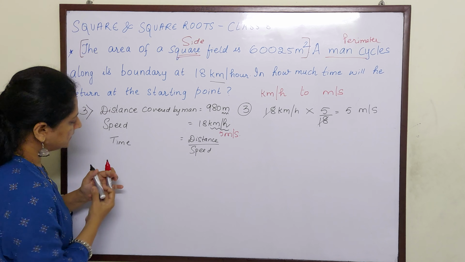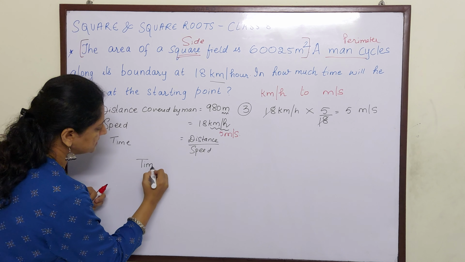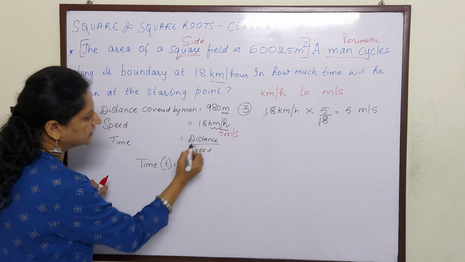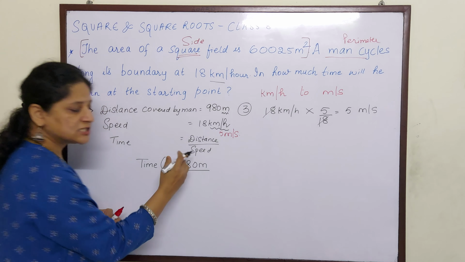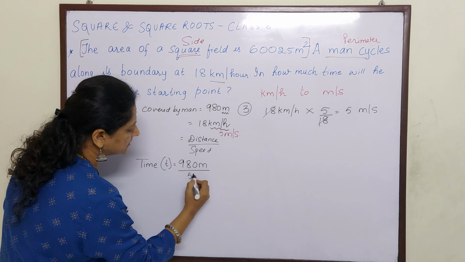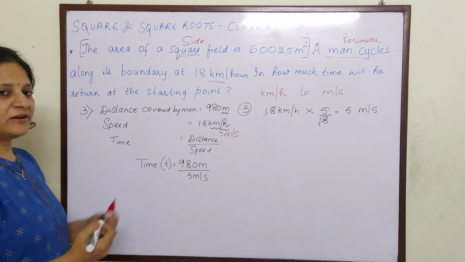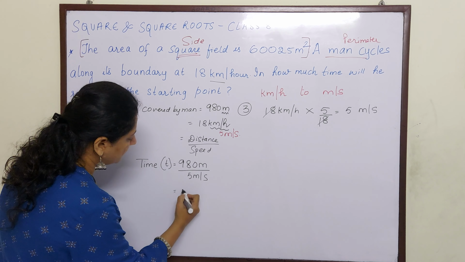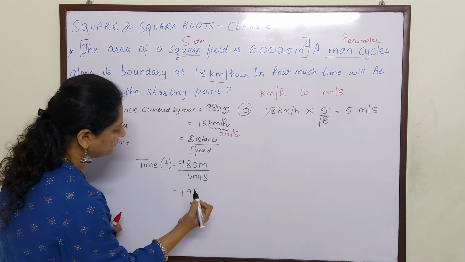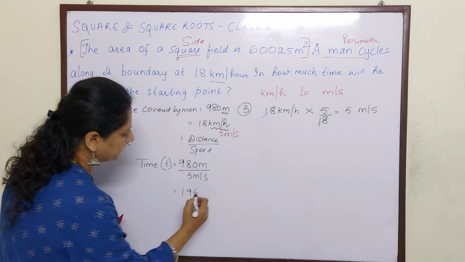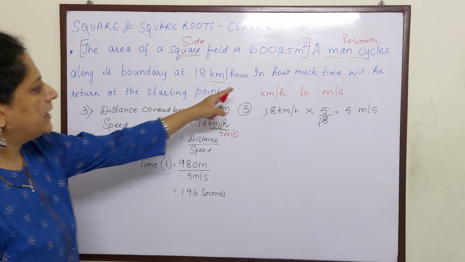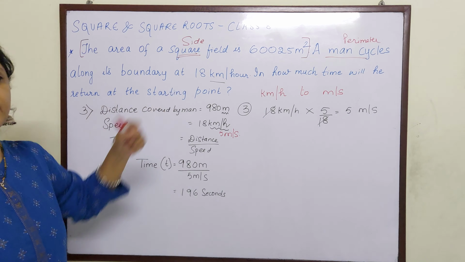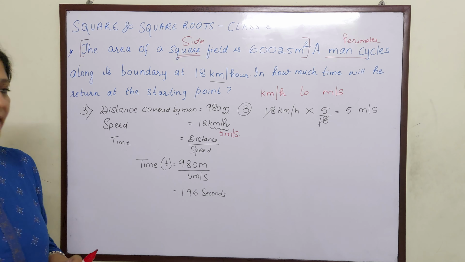So time T is equal to the distance we have already found, the perimeter 980 meter, by speed, 5 meter per second. If I divide 980 by 5, we get 196 seconds. They asked in how much time he will return to the starting point, so he will take 196 seconds.